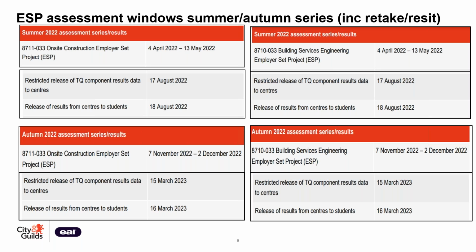You can use the November autumn series as your first exam series should you wish to. However, if you use that, all the core components have to be sat in one window. That is the 2 exams and the ESP together.